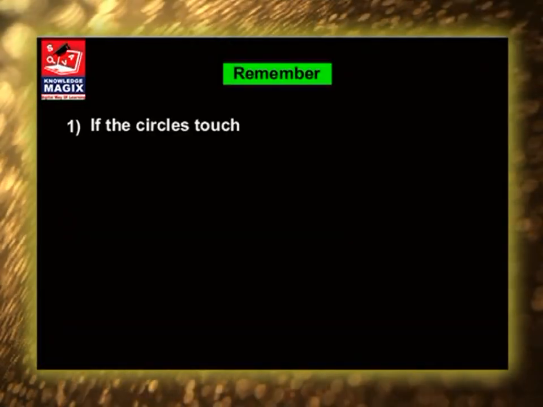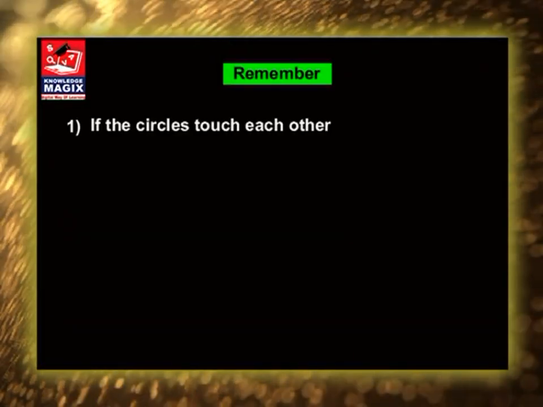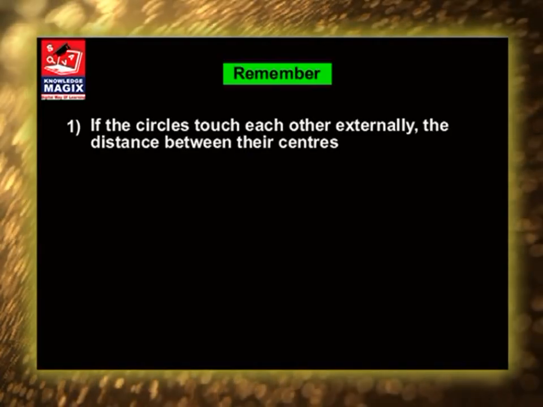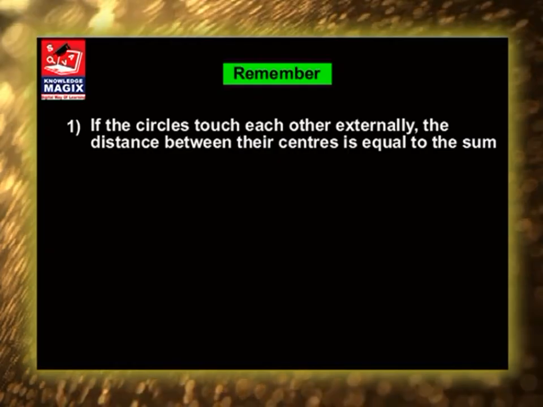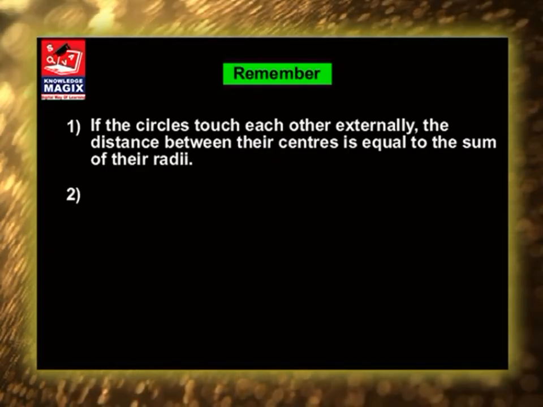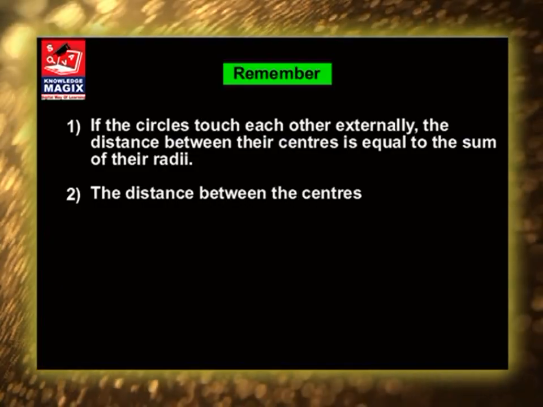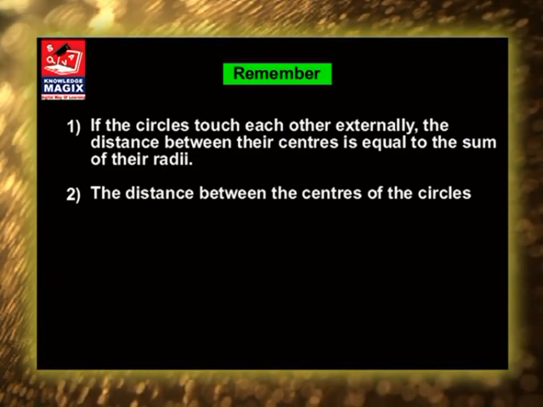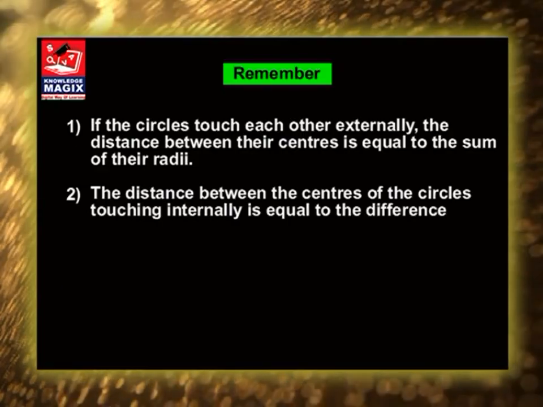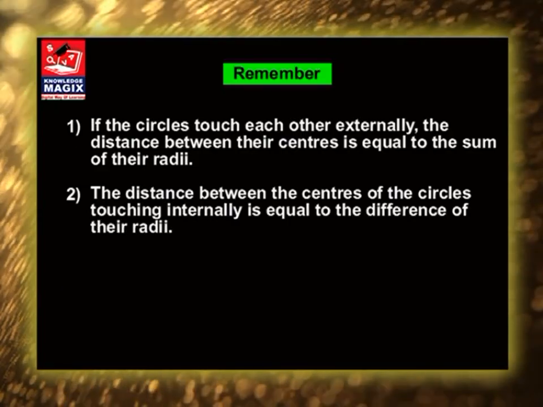Remember, if the circles touch each other externally, the distance between their centers is equal to the sum of their radii. Also, the distance between the centers of the circles touching internally is equal to the difference of their radii.